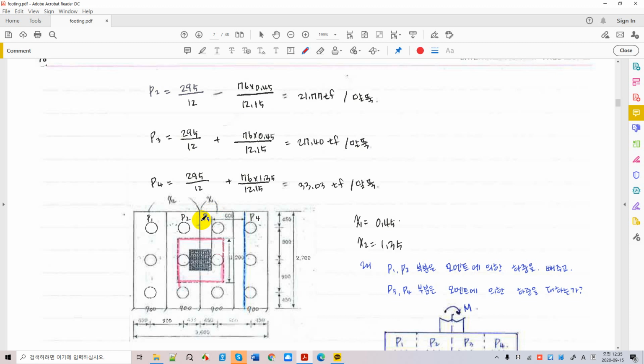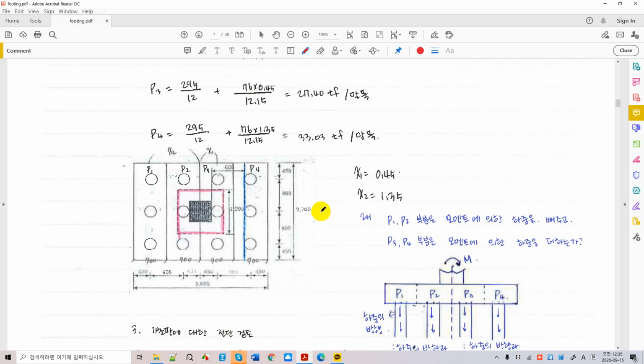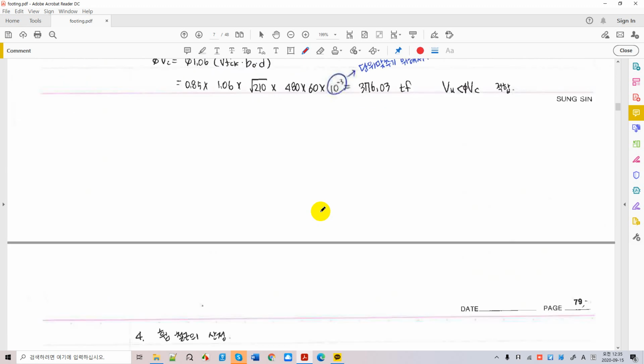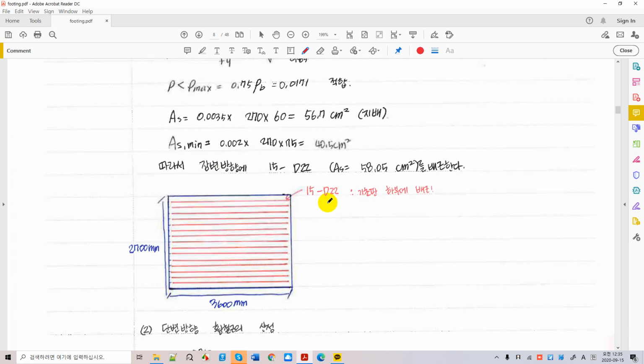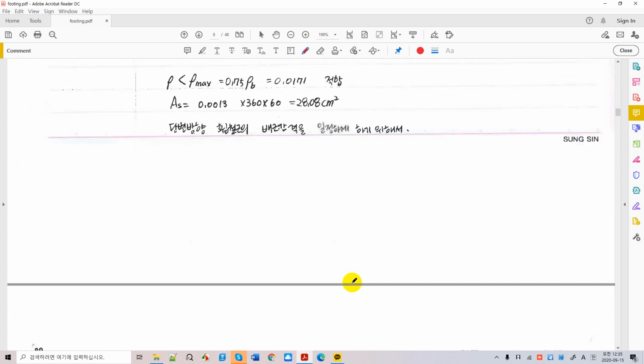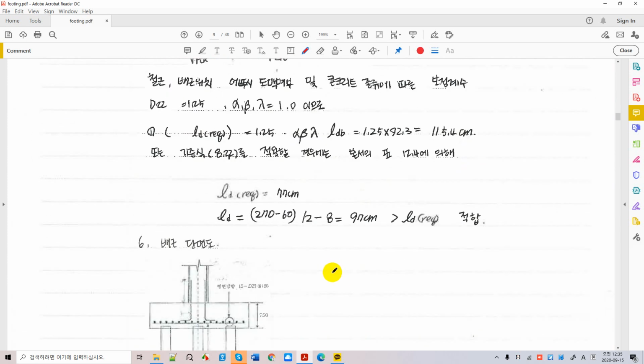Okay, so we try to keep that 8 centimeters from the edge of the foundation, and you have 97 centimeters left, right? So with this 97 centimeters, you have enough space for the 70 centimeters required by the basic development length, all right?